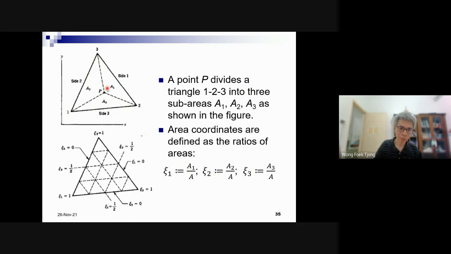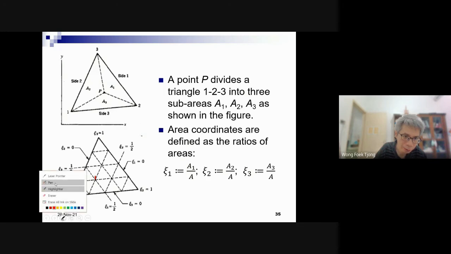For example, using area coordinates, this point. Oh, no. That point. This point, I mean. What's the coordinate of this point using area coordinates? Well, if I put P here, what will be A1?